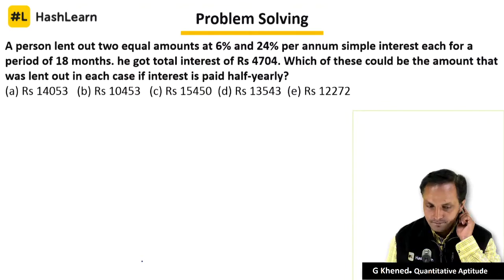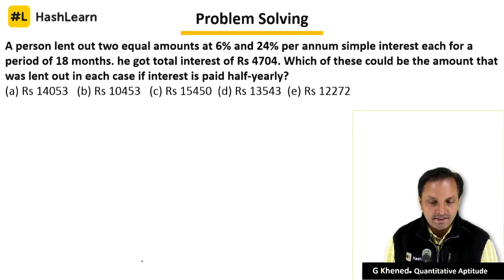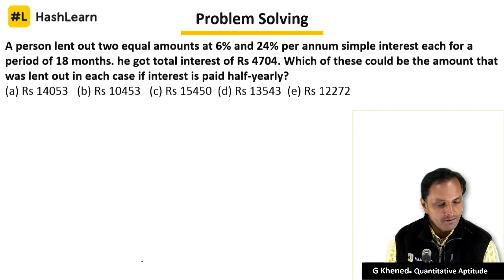Come to the previous problem. A person lent out 2 equal amounts, at 6% and 24% per annum simple interest for each for a period of 18 months.